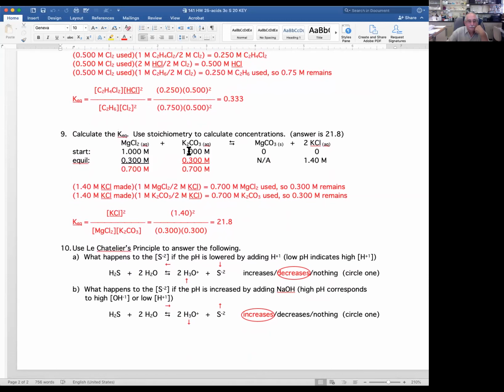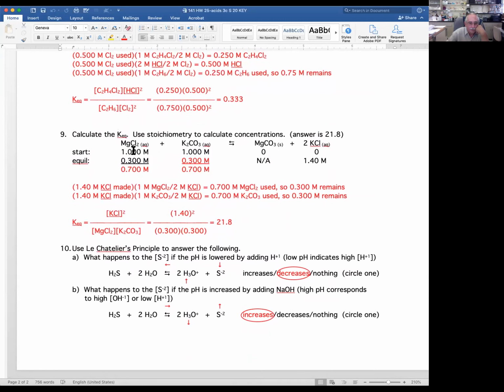So what about this one? Similar type of thing. Here we went from 1 mole per liter to 0.3. So that means that 0.7 went that way. This one doesn't matter because it's a solid. We're not going to use it anyway. If 0.7 goes that way, for every one of these, I make 2 of these.